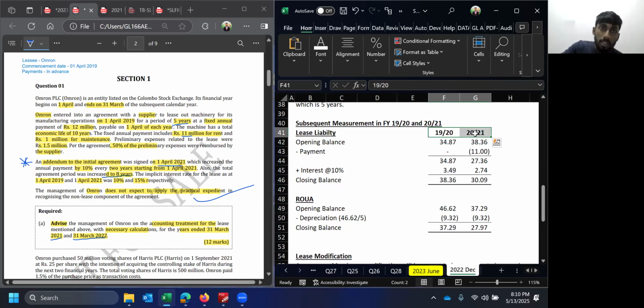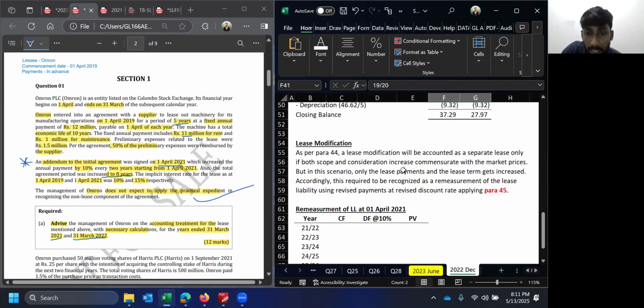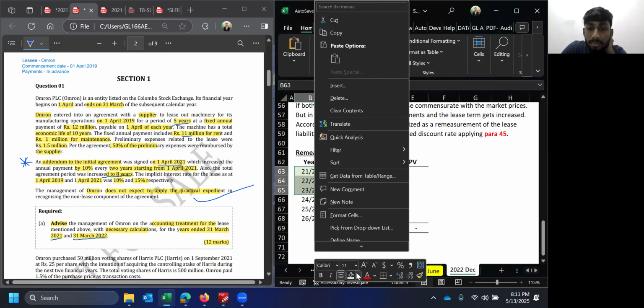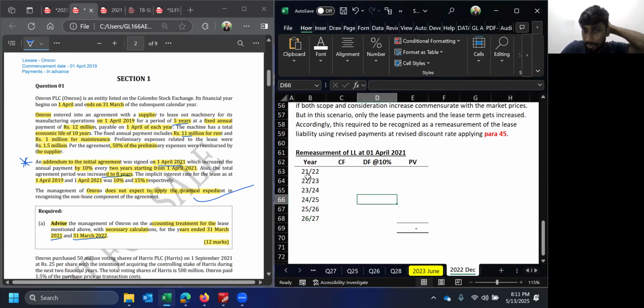That means from the initial agreement, we have 3 years remaining, and this is extended by another 3 years. Therefore, it will go until 26-27. Am I correct? What do you think?